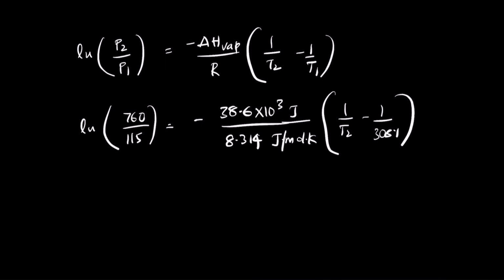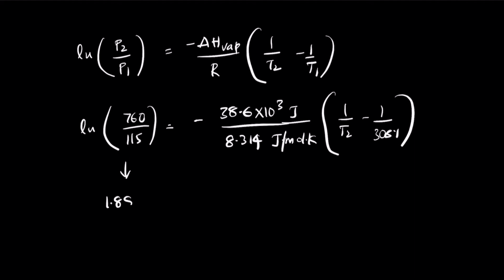So the value of ln of 760 by 115 gives you 1.88, so let's consider 1.89.